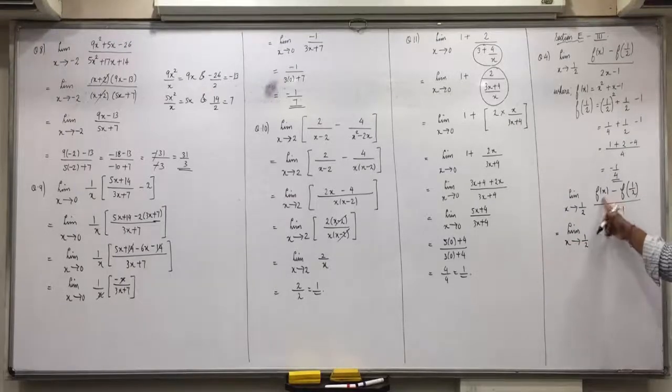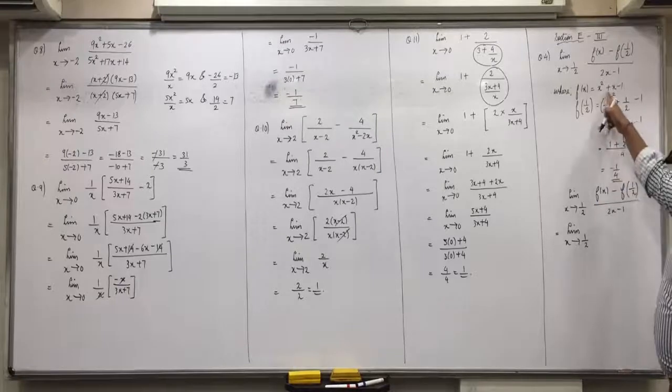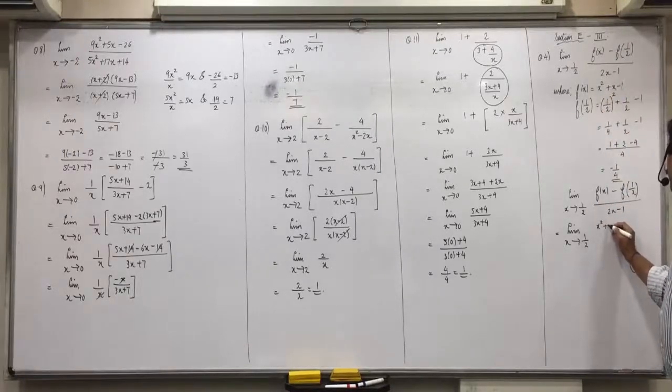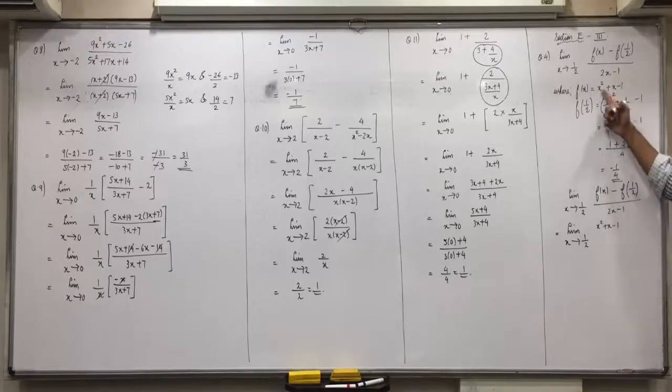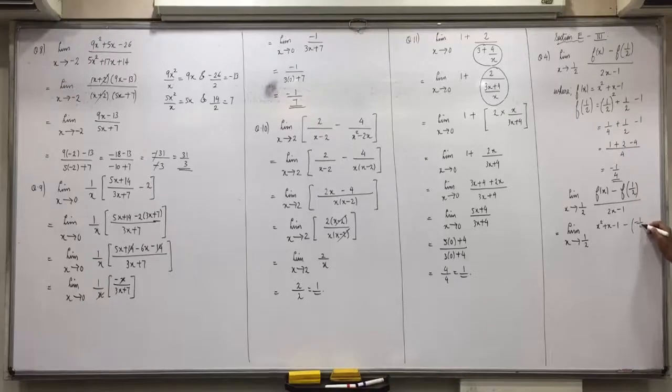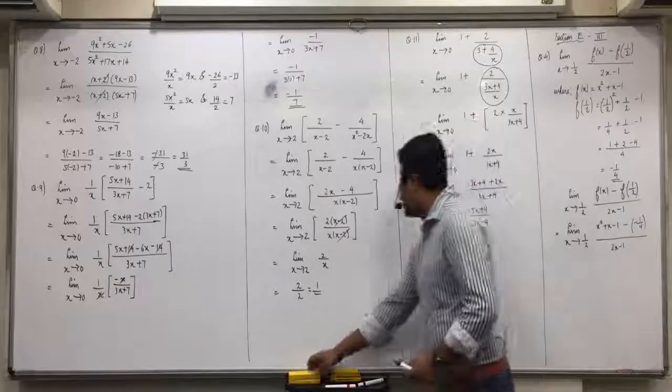Now in f(x) what will I put? x square plus x minus 1. Raise your hand who did not understand this. In f(x) I have substituted x square plus x minus 1. Minus, what will I put in f(1 by 2)? Minus 1 by 4. Be careful, this minus is already there, and f(1 by 2) is also minus 1 by 4. So minus minus would become plus, divided by 2x minus 1. Any confusion in this?